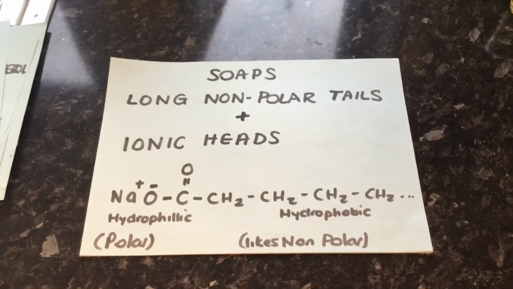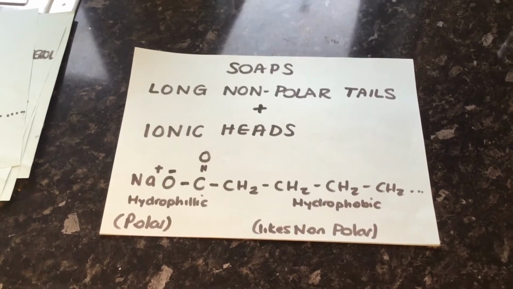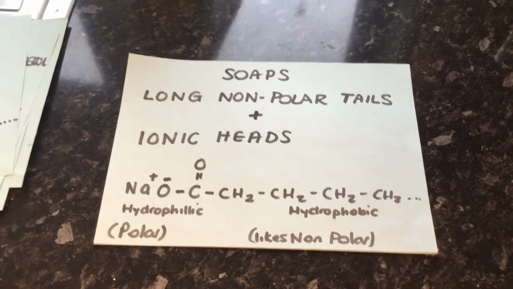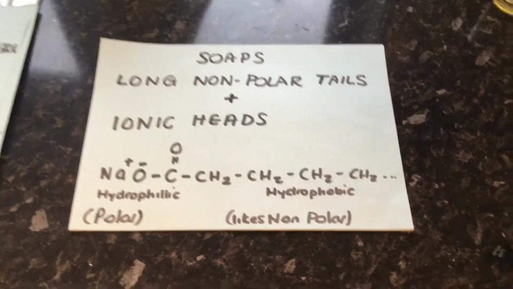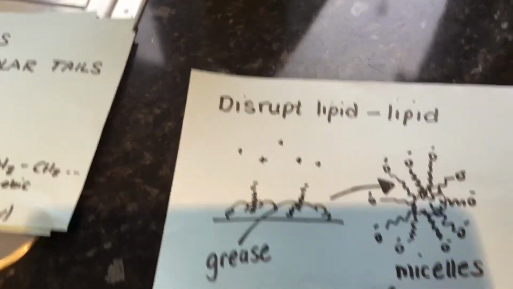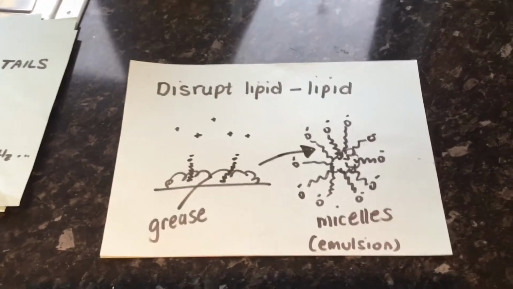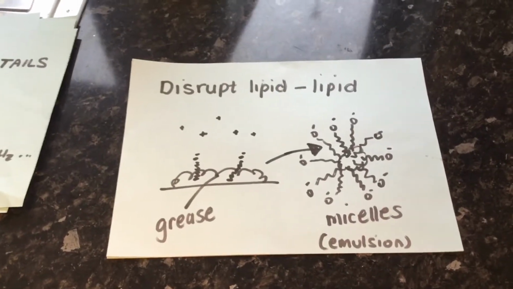Now, the unusual structure of this soap molecule means that it can interact with hydrophobic and hydrophilic substances, and this is a really useful property. It allows us to interact lipids, fats and oils with water, which is polar.